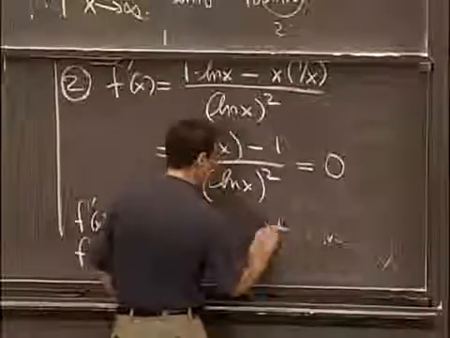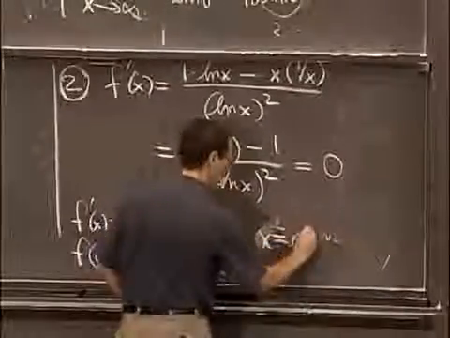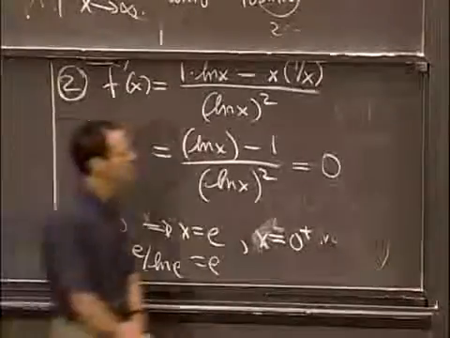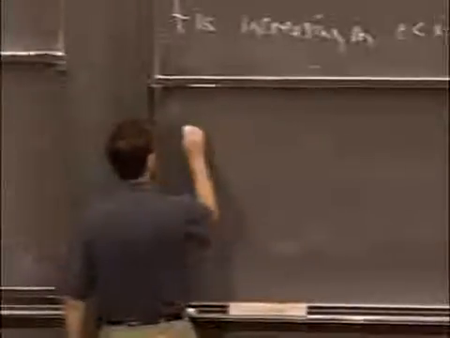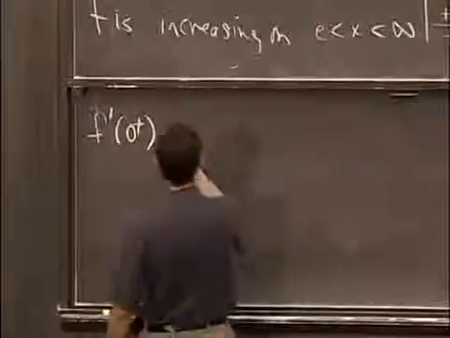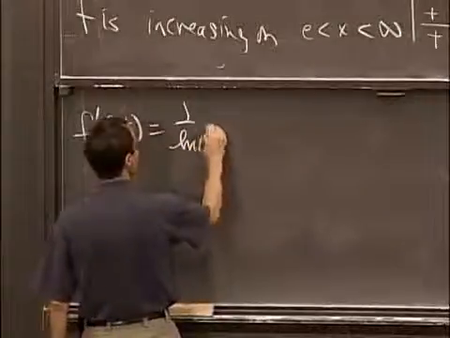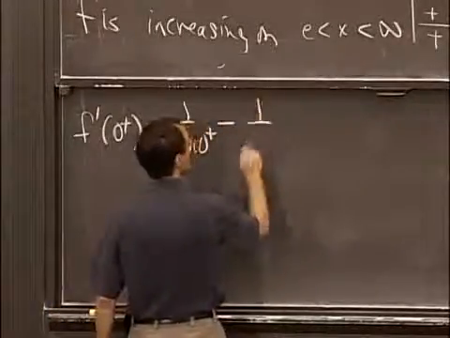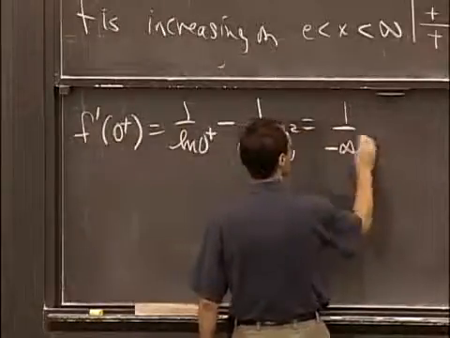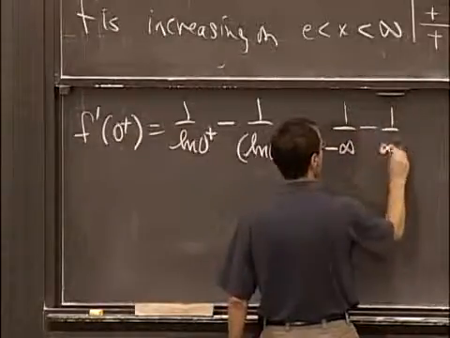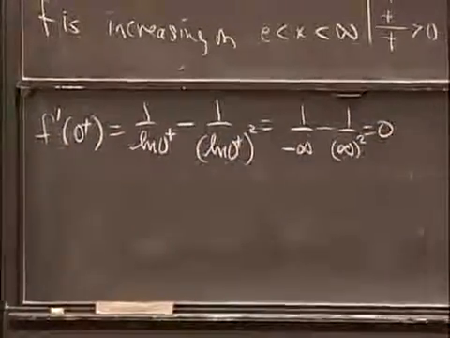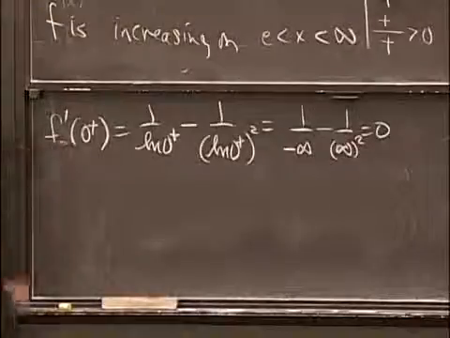So also when x is equal to 0 plus, the slope is going to be 0. And let me just emphasize that again. If you evaluate using this other formula, this is 1 over log 0 plus minus 1 over log 0 plus squared. That's 1 over minus infinity minus 1 over infinity, if you like, squared. Anyway, it's 0. So the slope is 0 there.